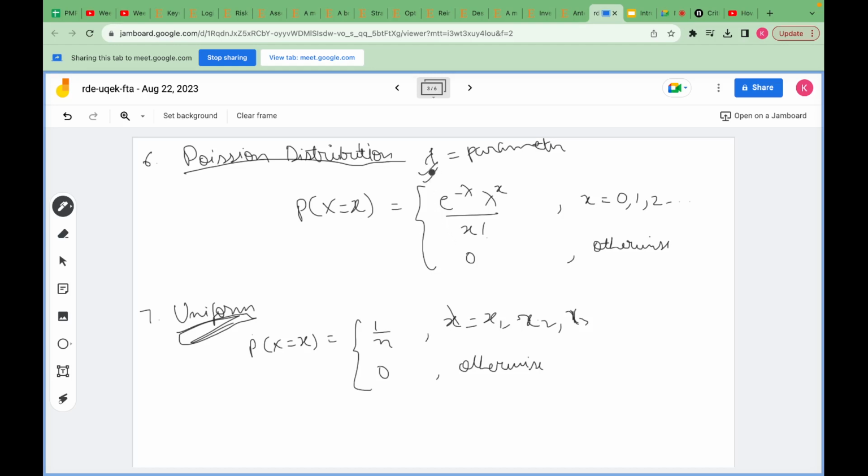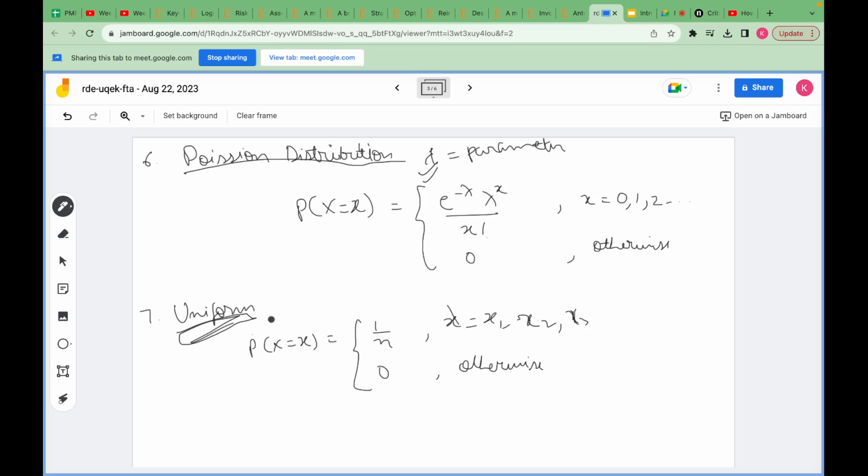Suppose we are given that the arrival rate of passengers at any station is distributed according to Poisson distribution with lambda equal to 10 per minute. This means that every 1 minute 10 passengers are arriving at the station. This is the significance of lambda, the parameter of the Poisson distribution.